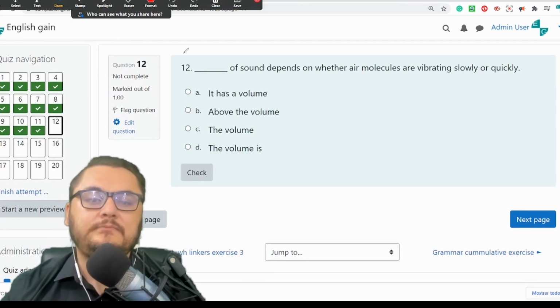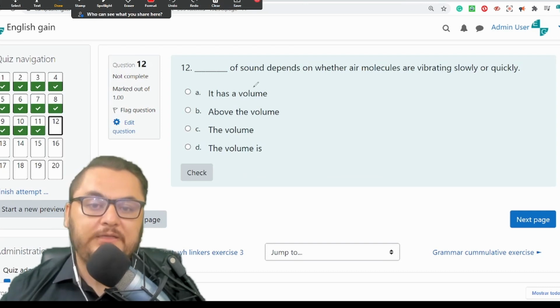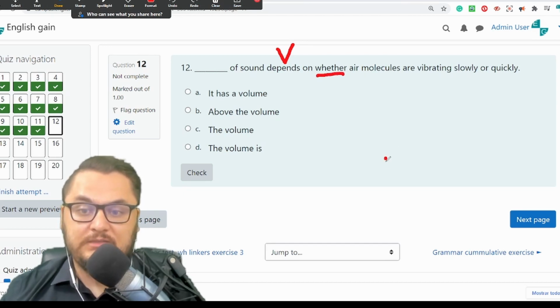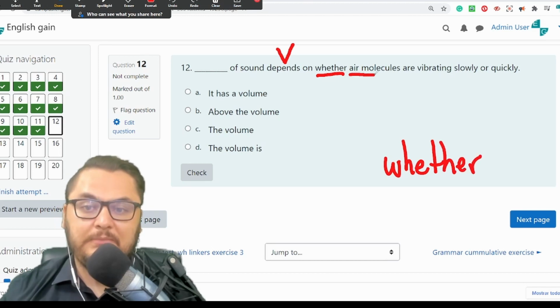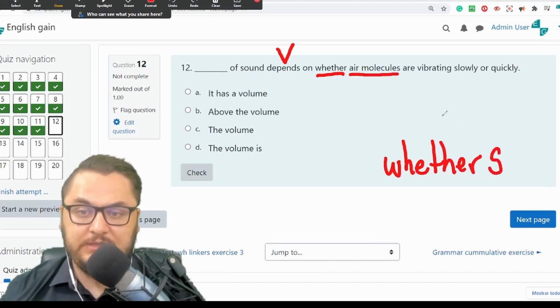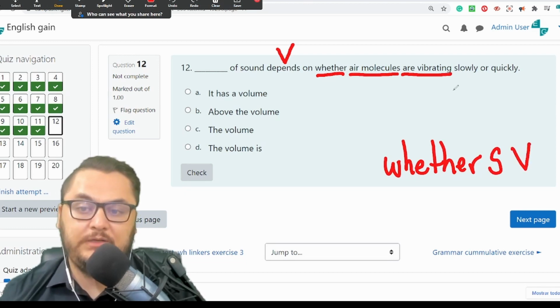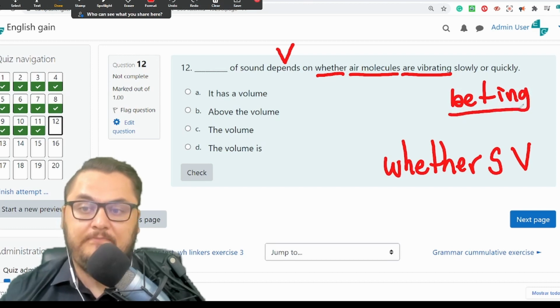Okay. So in this exercise, I have the word of sound depends. Depends is a verb, and whether is the connector. So I'm going to write the word here. Whether, air molecules is the subject, are vibrating is a verb. We already understand that this is a verb in the exam.